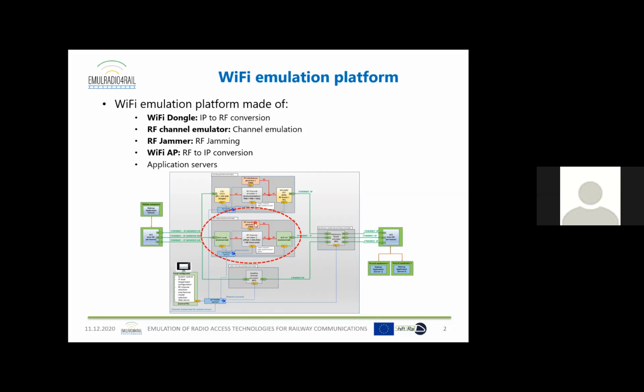We also have an interference generator and an RF jammer that we will see later. And in order to test the platform, we have two servers, one on each side. We will see it now.